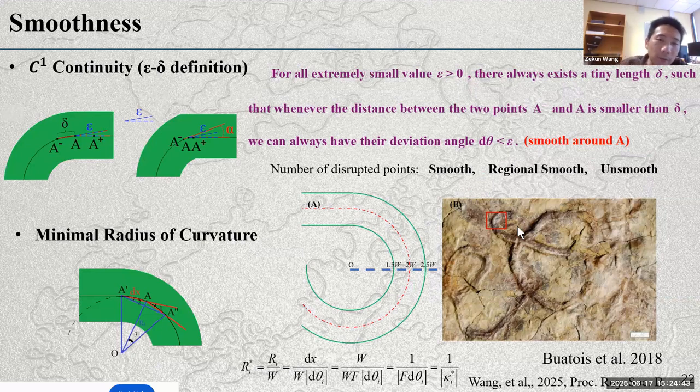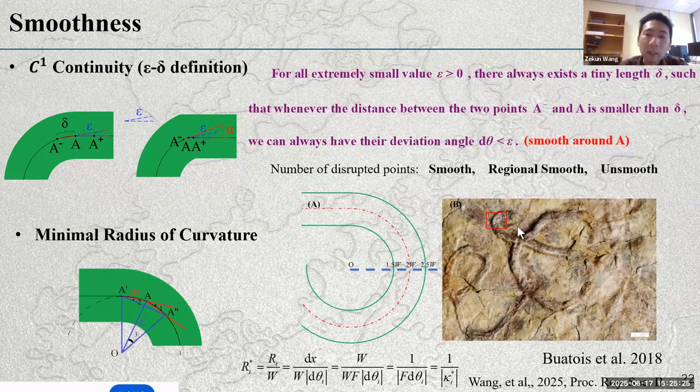If a curve is smooth around a point A, then we will have this definition. For any extremely small positive value epsilon, there always exists a tiny length delta such that whenever the distance between the two points A minus and A is smaller than delta, you can always have their deviation angle smaller than epsilon. So it is smooth around A. This means when the two points approach each other along a smooth curve, their tangent lines will eventually overlap.